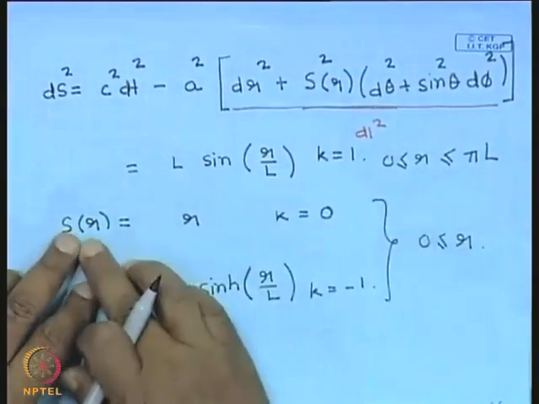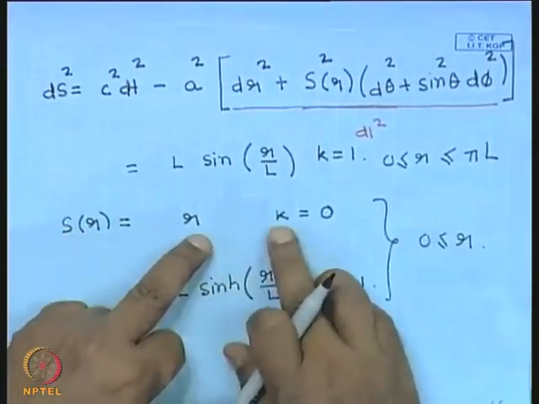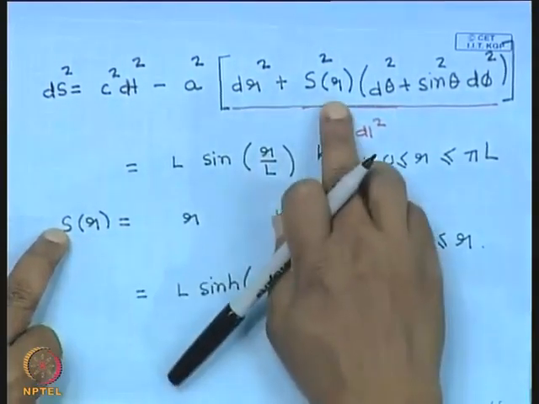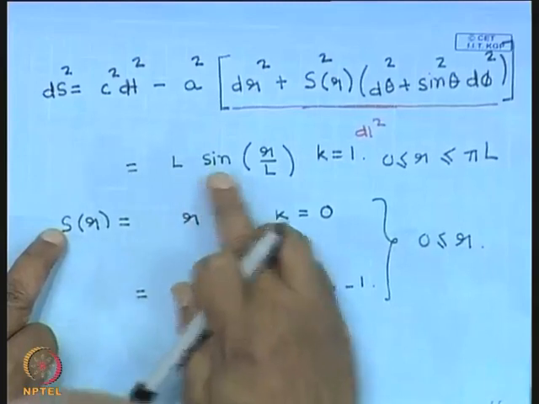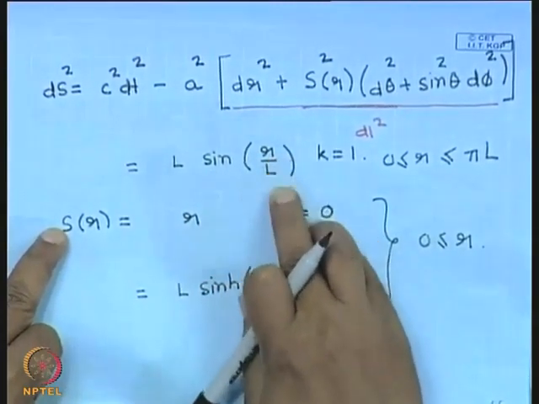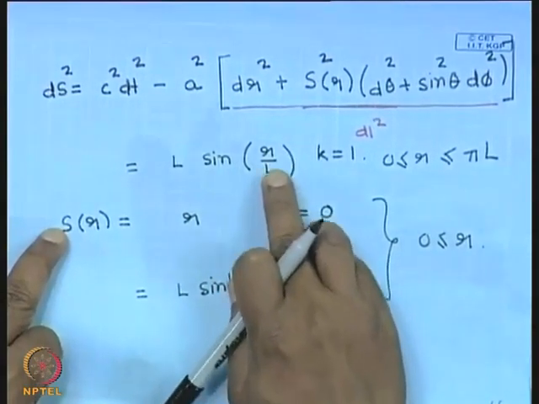Let me show you the thing that we had written yesterday, and everything should be much clearer here. So the function S of r that occurs over here is r if it is spatially flat. This same function S of r is L sine r by L if it is positively curved. For small r, let us take the limit of small r.